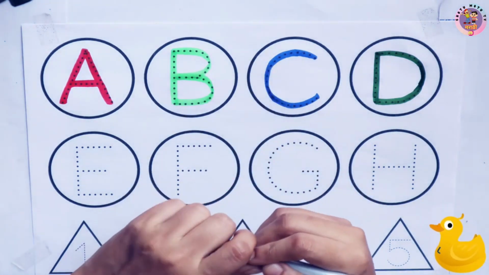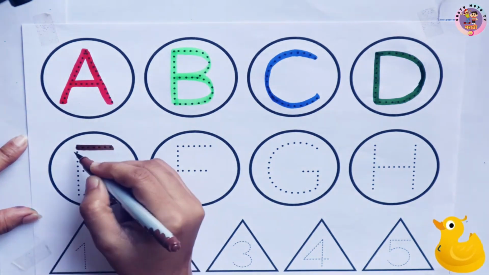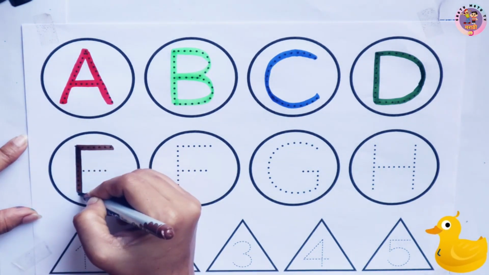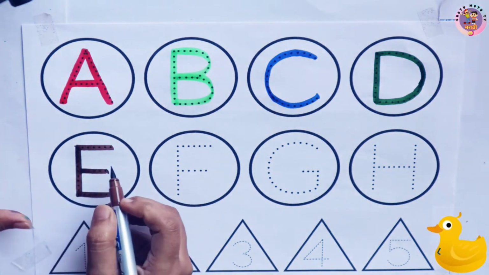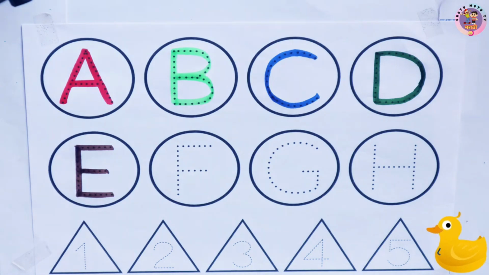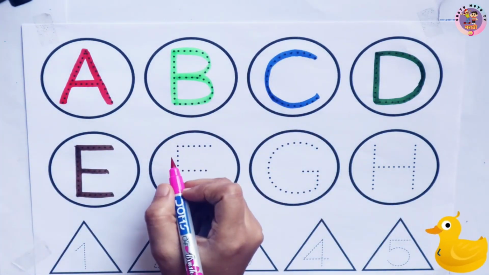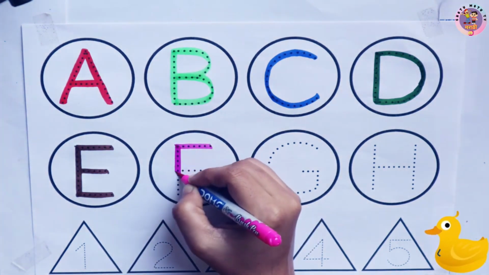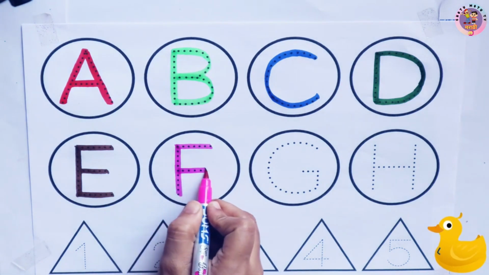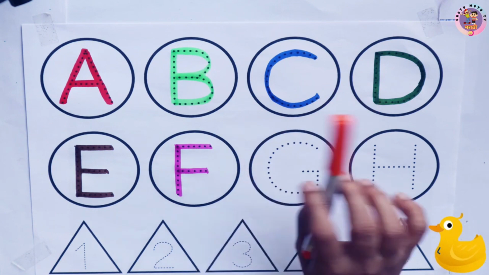Brown. E for egg. Pink color. F for fish. Orange.